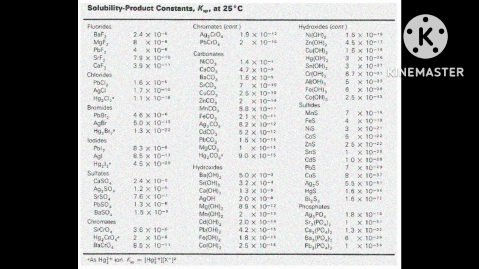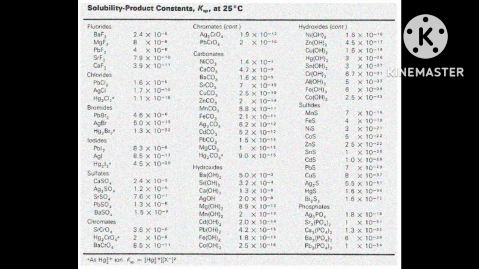Explain. If they ask which salt is more soluble, then by seeing the value you can tell. Nickel hydroxide is 10 to the power minus 15, and AgCN is 6 into 10 to the power minus 17. By seeing the power only you can tell whose Ksp value is more, that is more soluble. Very simple thing. Whose Ksp value is more, that is more soluble.